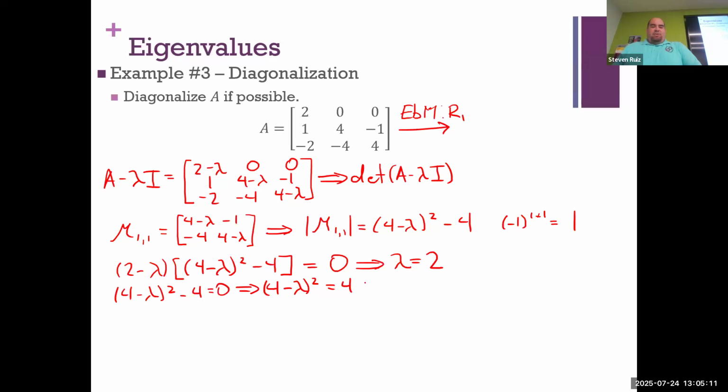Do you want to expand that or do something else? I'm going to square root. Then I get 4 minus lambda equals plus or minus 2.